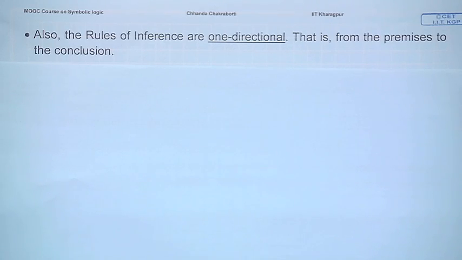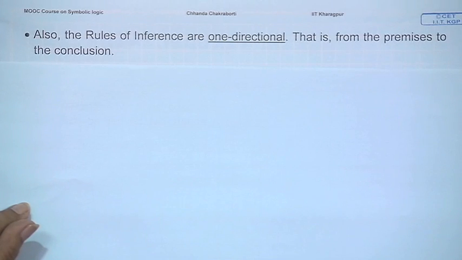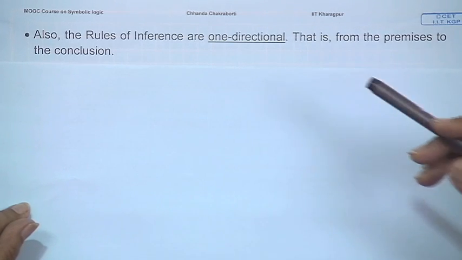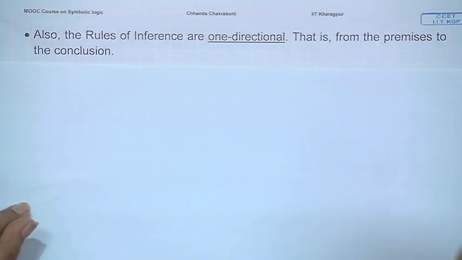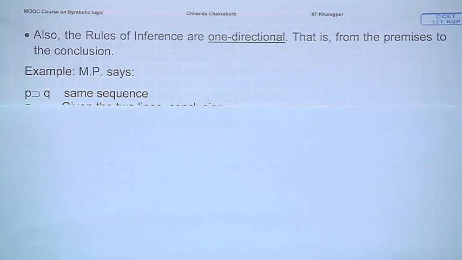You cannot come from the conclusion back to the premises. That is why we call them rules of inference. You will soon find, as we introduce the rules of equivalence, that they are bidirectional. It does not matter which side you are coming from, but rules of inference are rather strict sequences. From the given premises you can go to the conclusion, not the other way around.